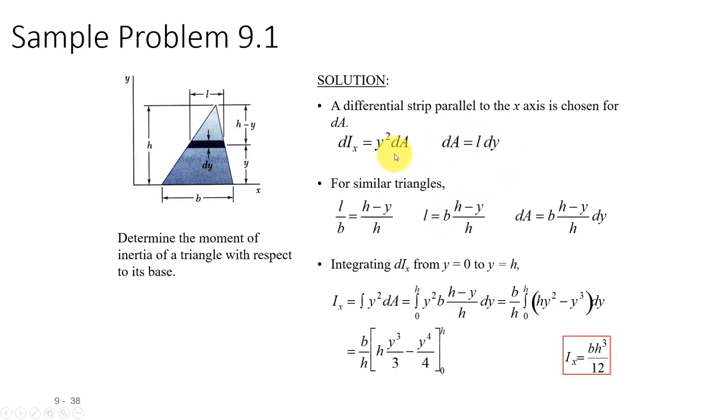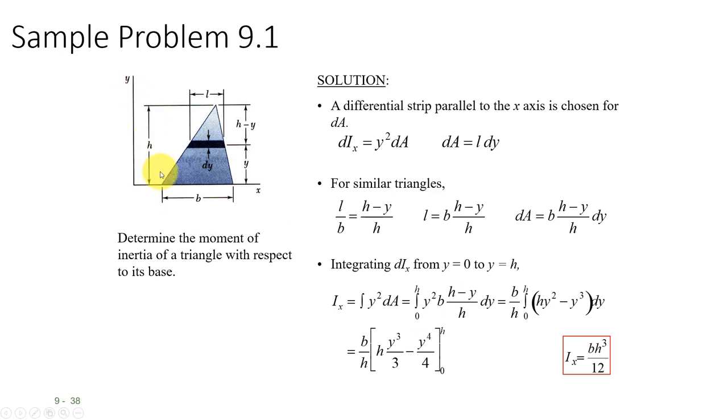So when we plug in our y squared dA, where dA is equal to L dy, now we can plug in this equation for our length. So here's our y squared L dy. And we can integrate with respect to y from 0 to h.